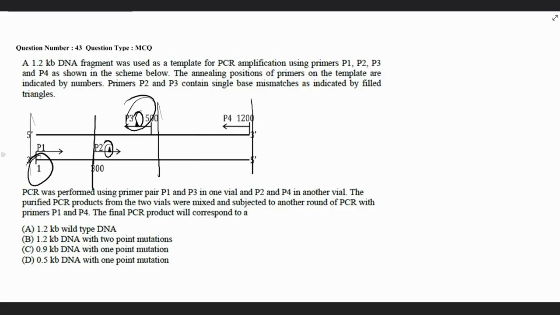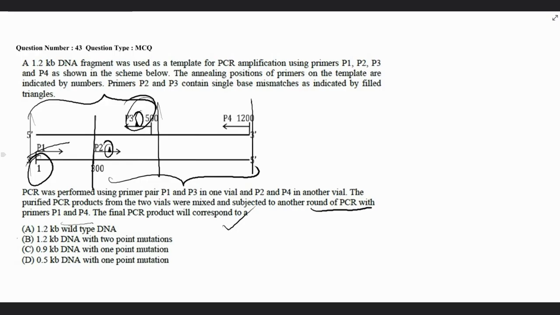So this region gets amplified, and the purified PCR products from both the vials, now you have this amplified product and this amplified product. So when you now mix both of them into one vial and you perform another round of PCR with P1 and P4, what will the final PCR product comprise of? So here now you're going to have these two, and now you're going to have the PCR reaction for this and this.